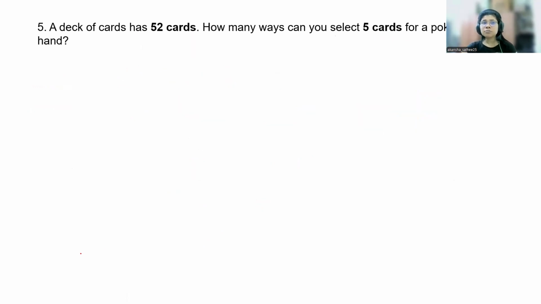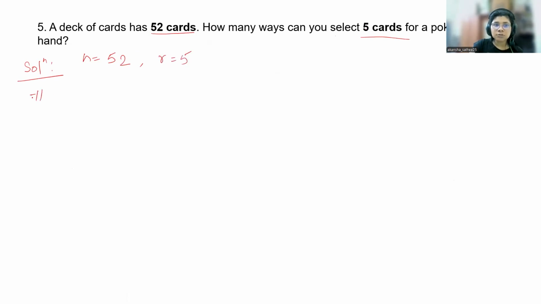Next problem. A deck of cards has 52 cards. You know that. A standard deck of cards has 52 cards. How many ways can you select 5 cards for a poker hand? So, again, simple problem. Solution: you need to select 5 cards out of 52. So, in this case, you have n equal to 52, and you want to select only 5 cards, so R is equal to 5.